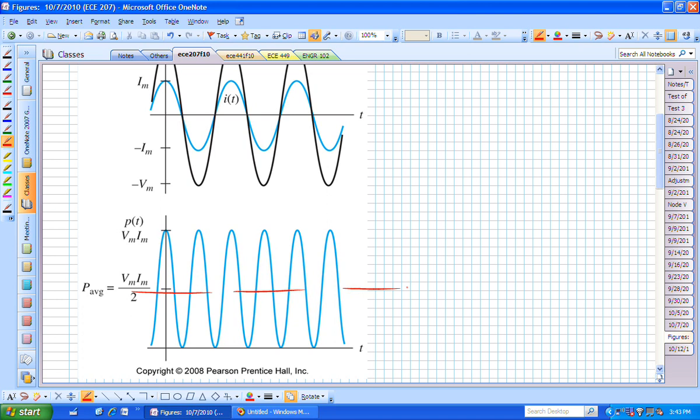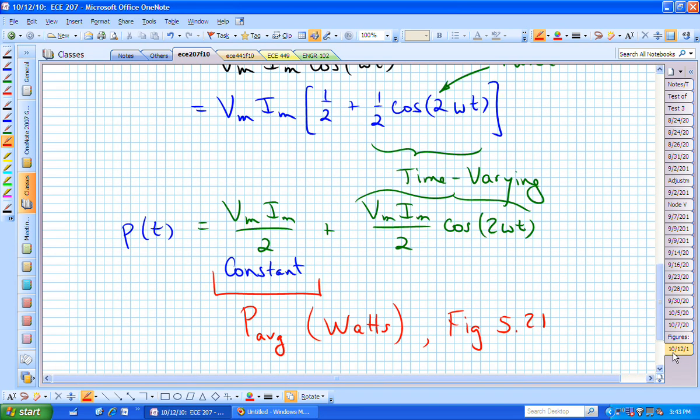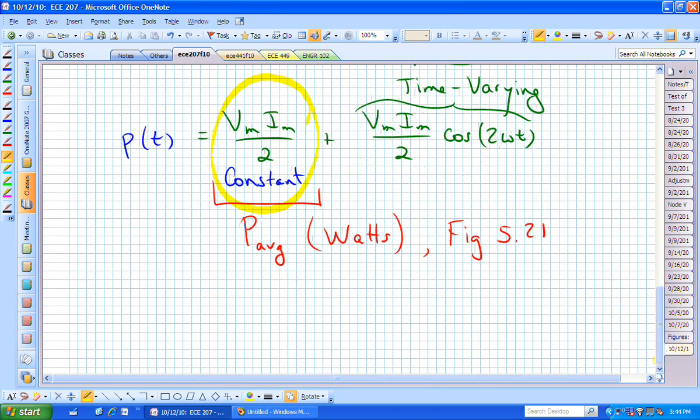And that's what we derived. Questions on that? That particular red dashed line represents the average power that would result if we integrated that instantaneous power over one period.